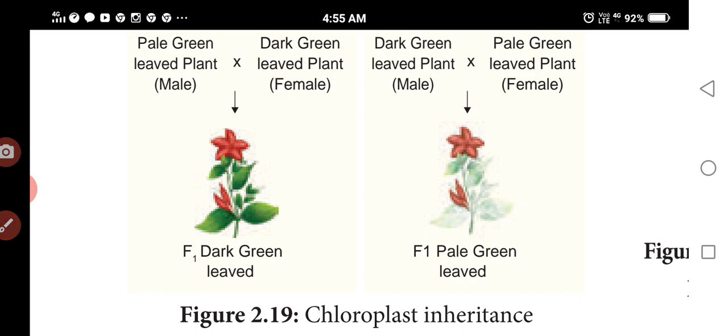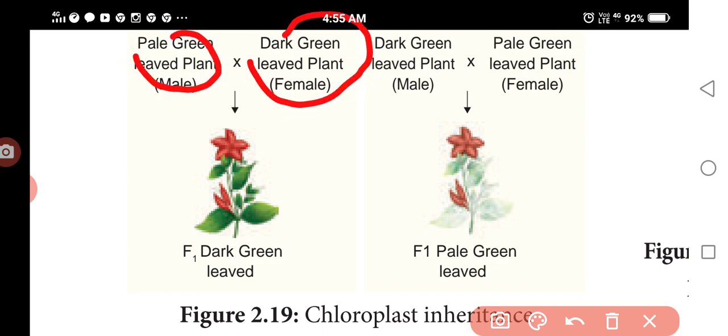So F1 differs from each other. In each class, F1 reveals the character of the plant used as the female plant, only the female plant. Pale green is the male and dark green is the female. In monogenic and digenic classes, the dominant characters appear in the F1 generation, mostly the male characters being dominant.